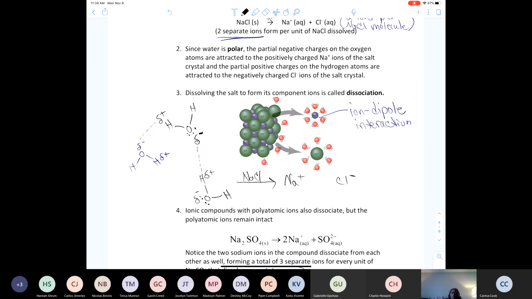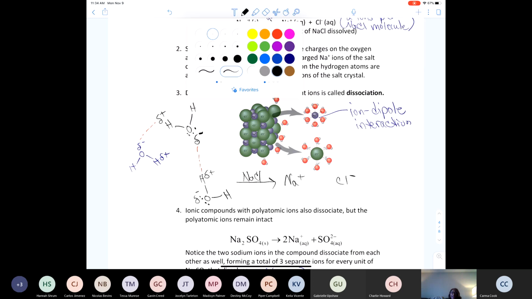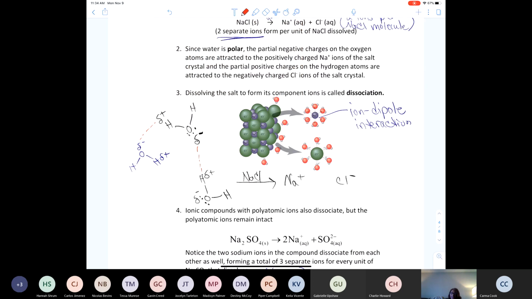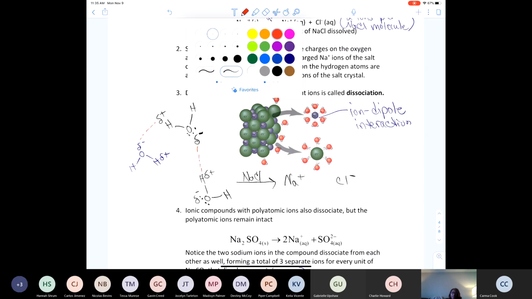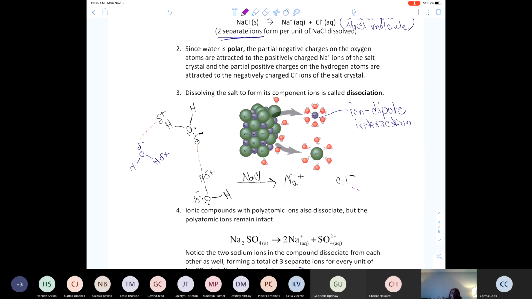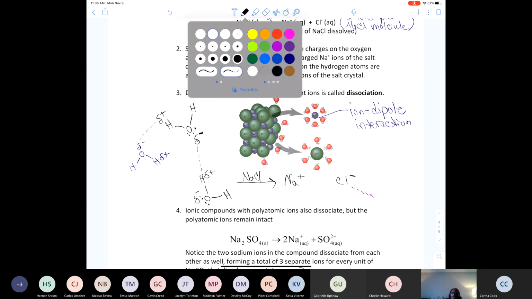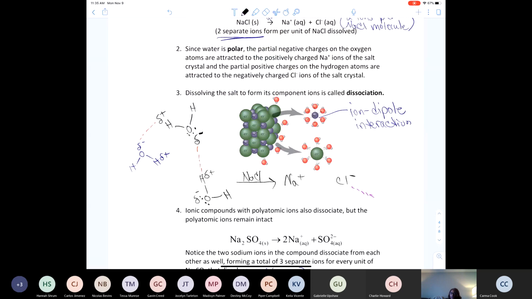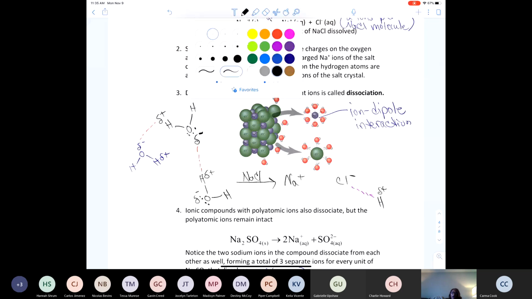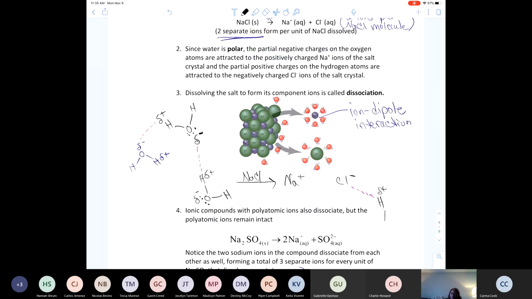Now the water molecules are going to be more attracted to the sodium and chloride ions than they are to each other. And so now the full negative charge on the chloride ions is going to be attracted to the partial positive charges on the hydrogen atoms on the water molecules.